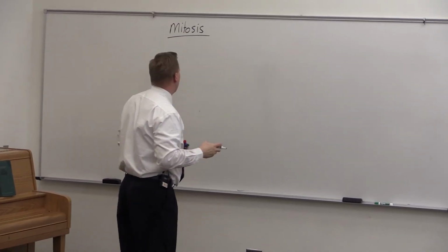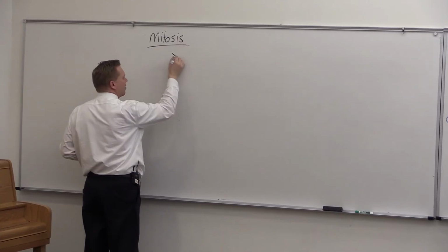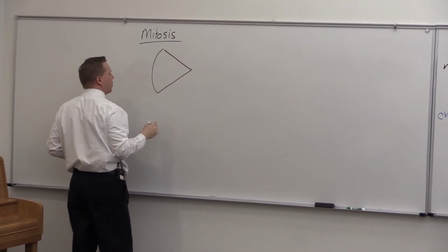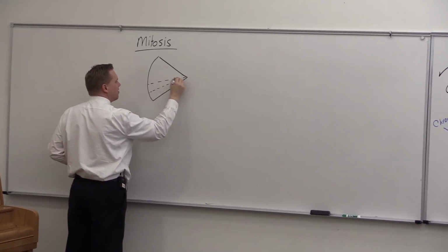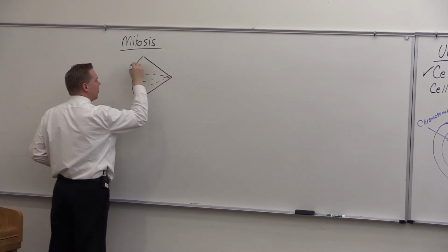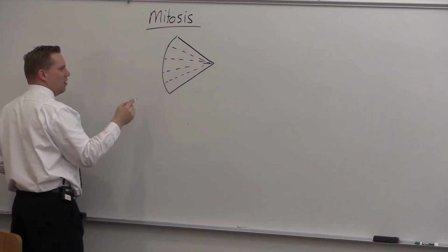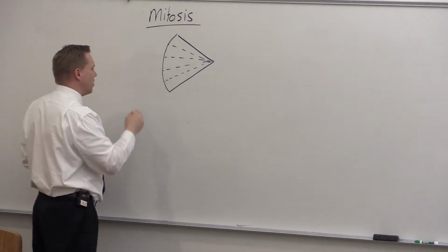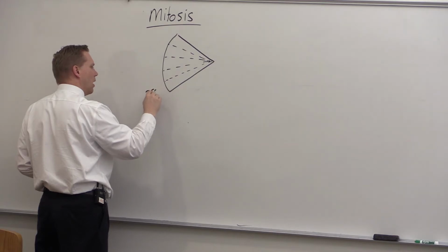Mitosis, it turns out, there's a lot happening in mitosis. And if we represent that, remember as this part of the pie, we actually have divided it into 5 separate events or phases. And that's what we're going to talk about and a little bit about what's happening in each one of those phases. So we have right here prophase.